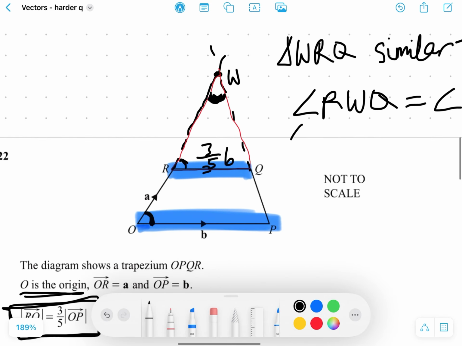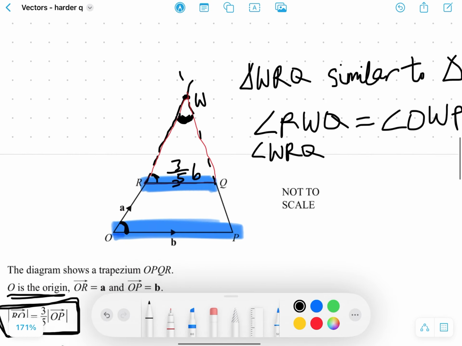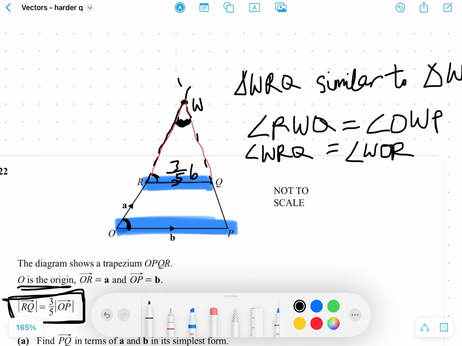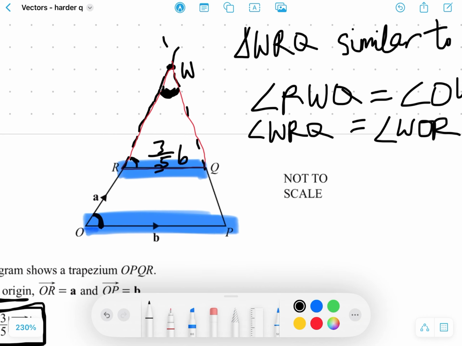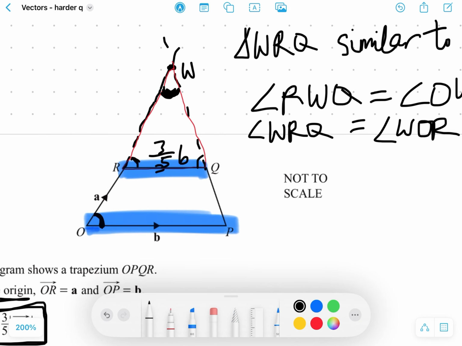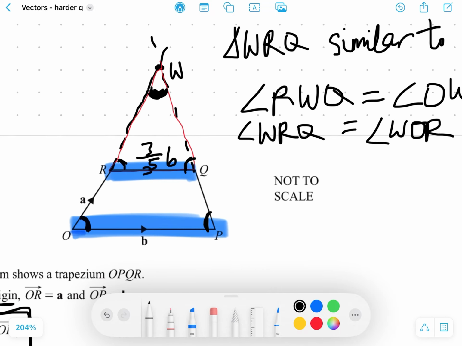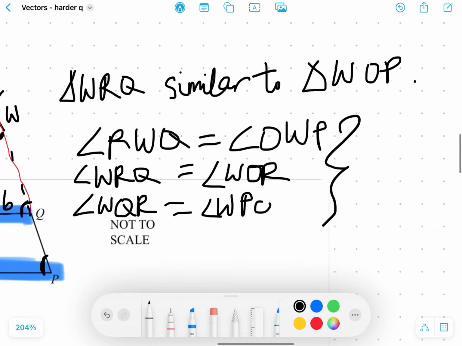So that means that angle WRQ is equal to angle WOP. They're corresponding, and similarly, WQR is equal to WPO, since the lines RQ and OP are parallel. So now we have three angles.